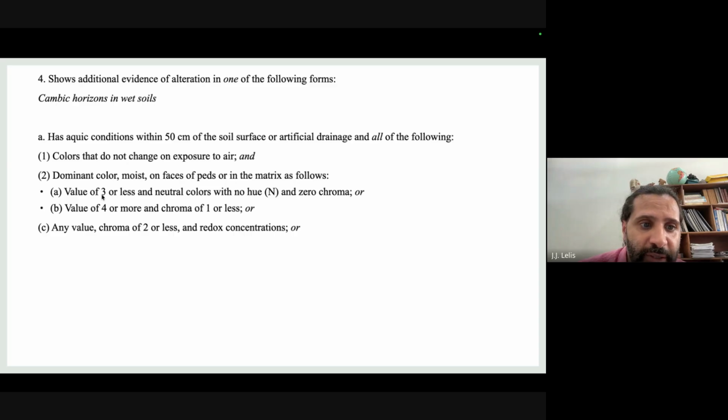The value should be 3 or less in neutral colors with no hue, that letter N, and 0 chroma, or the value should be 4 or more than that, and the chroma should be 1 or less than that, or any value, the chroma should be 2 or less than this, and I should register some redox concentrations, some gray colors that express material that's influenced by aqueous conditions, by flooded conditions, okay?